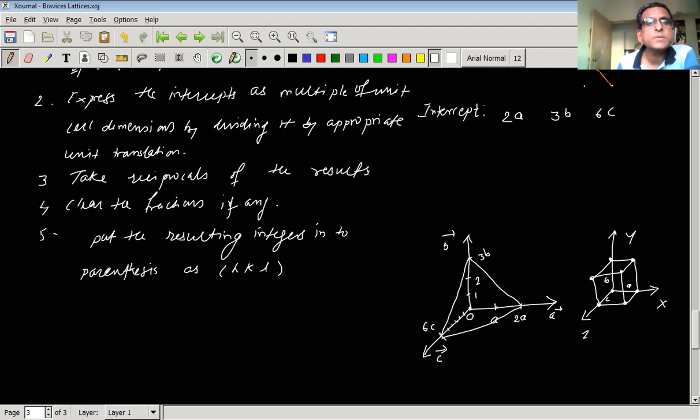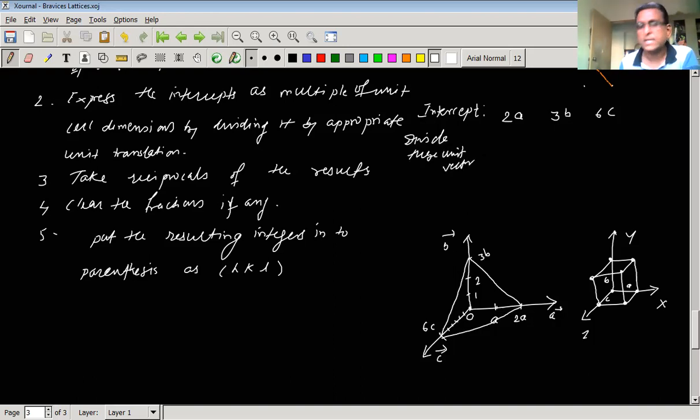Now express these intercepts as multiples of unit cell dimensions by dividing by the appropriate unit translation. Now what is the unit translation? A, B, C are the unit vectors of the unit cell under consideration. So divide these by the unit vectors.